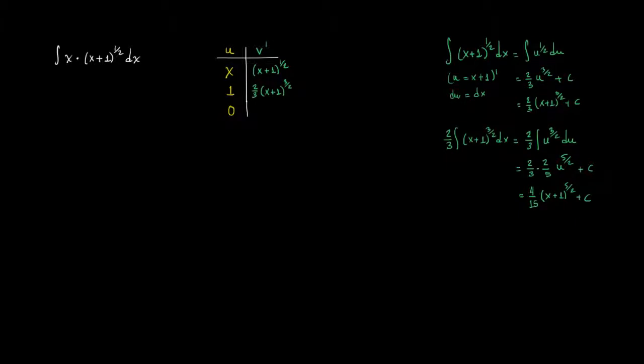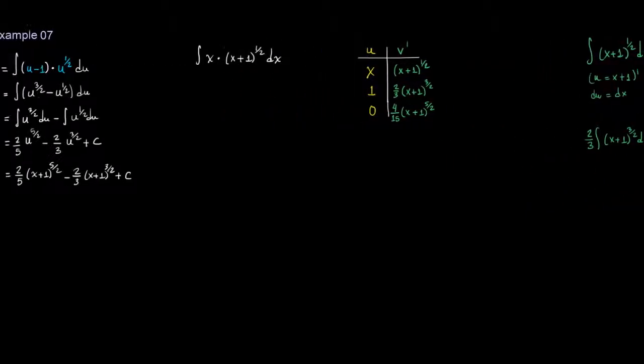Now we write this down on the table without the c, so it looks like this: 4 over 15 times x plus 1 raised to the 5 over 2. Okay, that's good enough for a super cool tabular method.